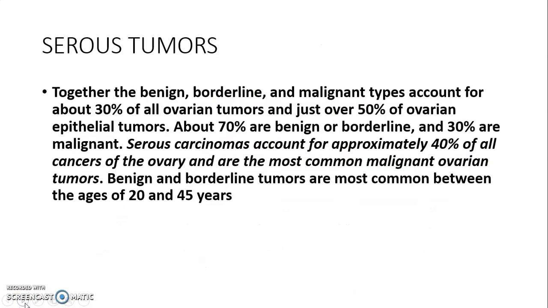So coming to serous tumors. Serous tumors are surface epithelial tumors. Together, benign, borderline and malignant types, they account for about 30% of all ovarian tumors and just over 50% of the ovarian epithelial tumors. 70% are benign or borderline and 30% are malignant. In overall ovarian tumors, the serous tumors comprise 30% of the tumors, and mostly they are benign.